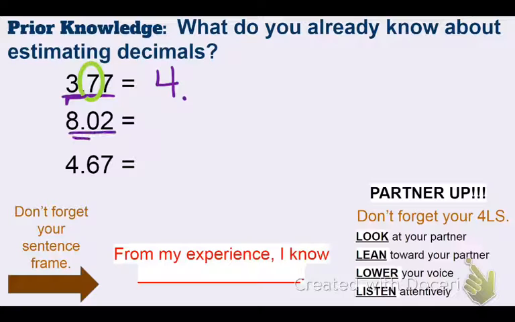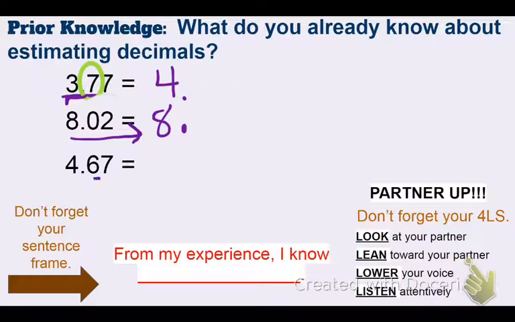Okay, if I look at $8.02 or 8 and 2/100, this 0 here tells me to keep it the same. It's definitely close to $8, right? It's just 2 pennies more, so that's not going to be closer to 9. We're going to estimate or round it to 8.